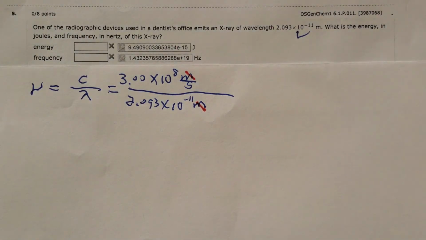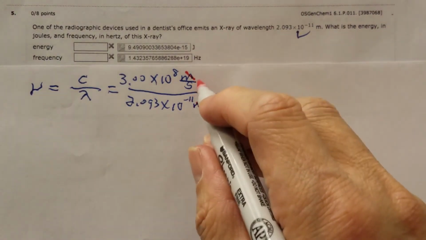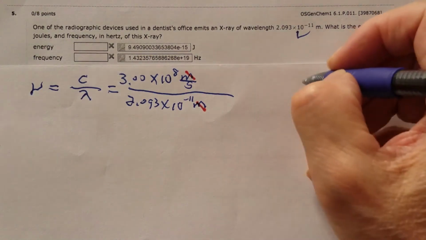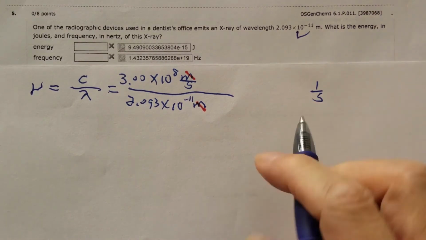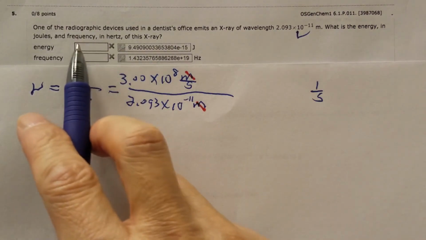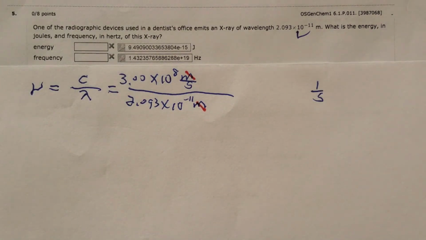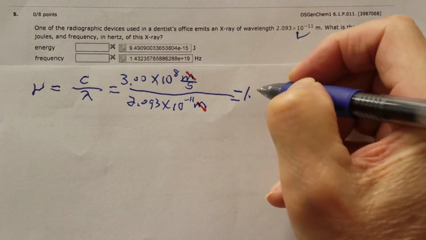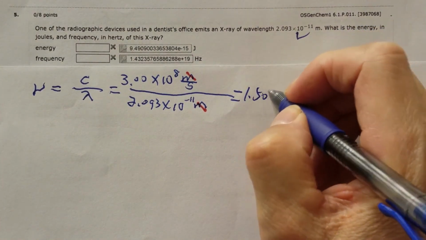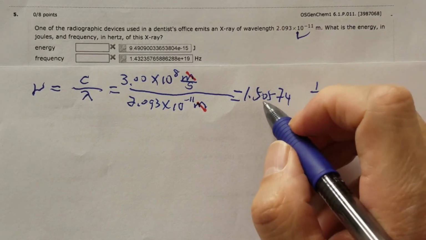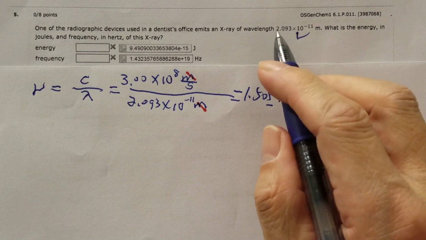So now we should have 1 over s as the unit for the final answer in this step. That is exactly what is asked: the frequency in hertz, and 1 over s is the same as hertz. So your calculator should give you 1.505, 4 sig figs if you count.